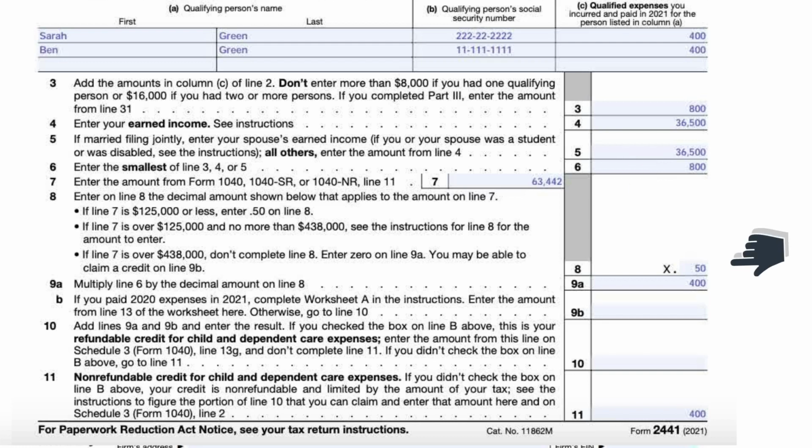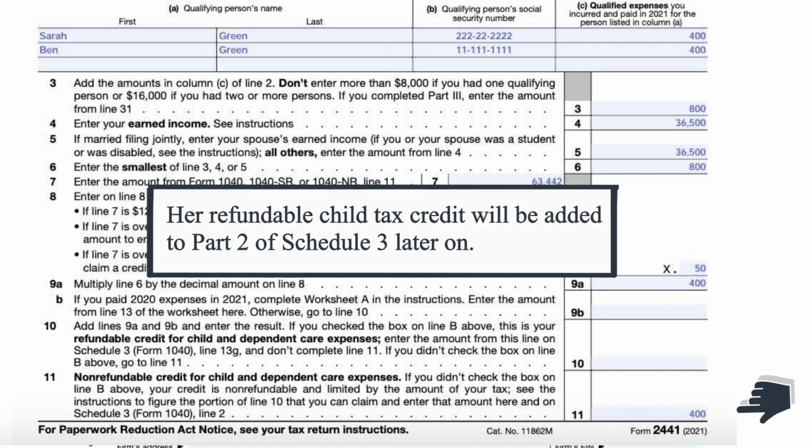Line 8 multiplies the amount on line 6 by 50%, or 0.5. 400 is the total amount of credit that Emily can take for the dependent care expenses. The amount she can deduct is refundable because she resides in the U.S., and this amount will be added to Schedule 3 as a refundable credit later on in this video.